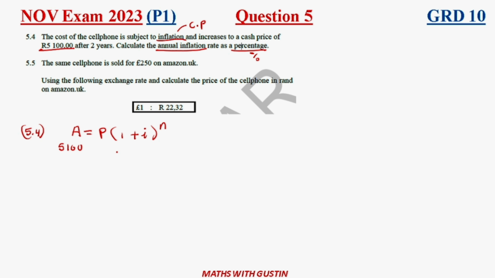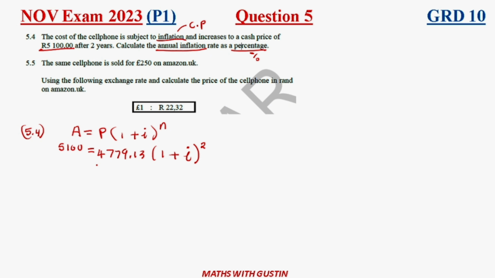And what is our starting price? Remember, from the previous question we found that it is 4,779.13. Then 1 plus i, because we are looking for this inflation rate, to the power of 2 years.